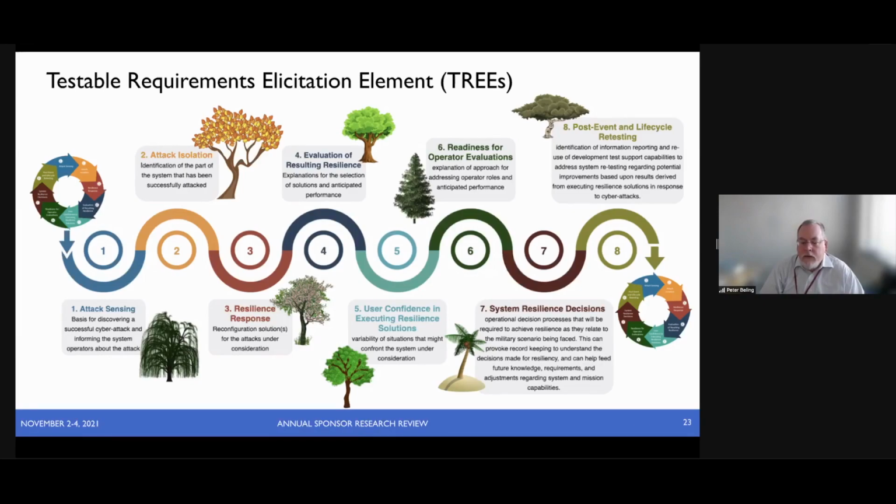Are there simulations, are there models, are there characterizations of performance that can be given? Are there recommendations for particular modes of operation that the system can provide? What kind of data flow goes to operators so that they can understand? So when we think about something like readiness for operator evaluations, to what extent can we train our people?